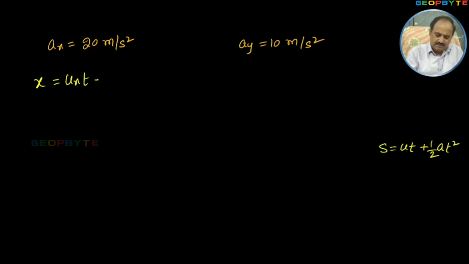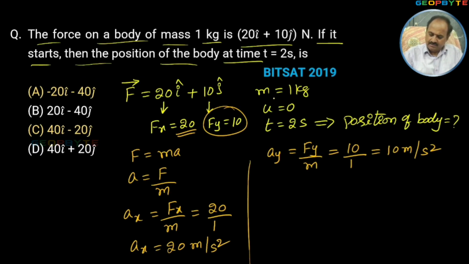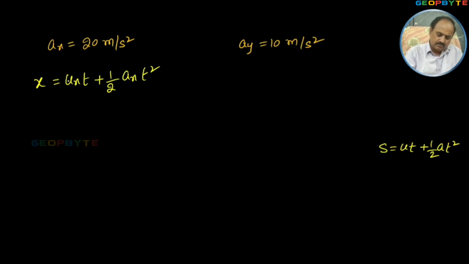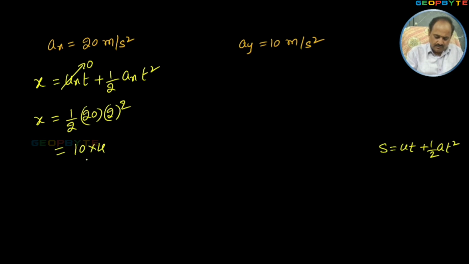It starts from rest, so ux equal to uy equal to 0. Then x equal to half into ax 20 into t square, t is given 2 square. Here it is 20 by 2, 10 into 4 equal to 40 meters.